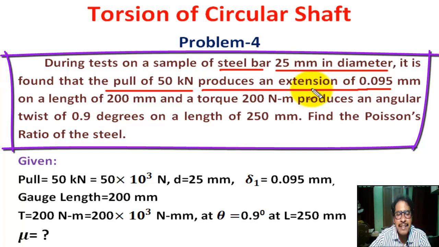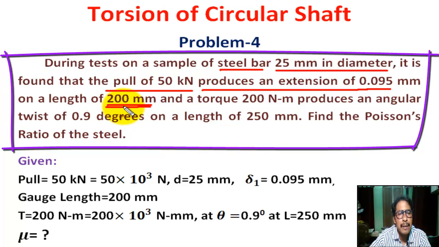Extension means increase in length of 0.095 millimeter on a length of 200 millimeter. This is the gauge length.